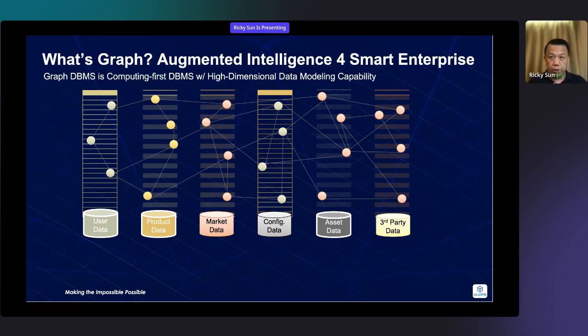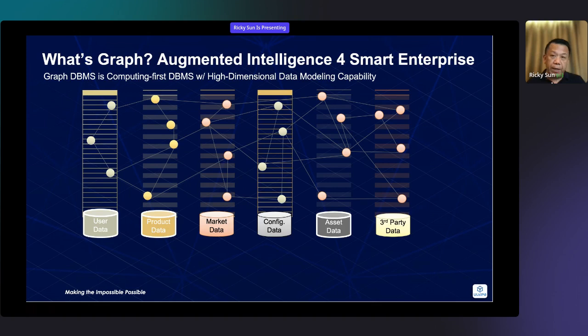Everything is storage first. Once the data is persistent on the storage layer, a lot of people don't really care about the computing part. But in the graph era, in graph database, we do need to pay a lot of attention to computing efficiency, et cetera.